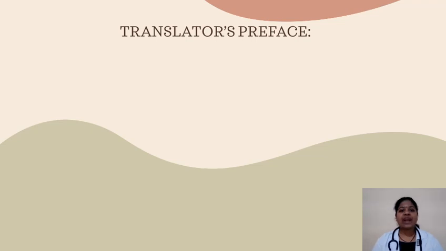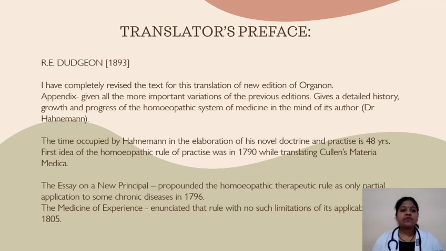Coming to Translator's Preface. This was given by R.E. Dudgeon in 1893. I have completely revised the text for this translation of the new edition of Organon. The appendix gives all the more important variations of the previous editions. It gives a detailed history, growth and progress of the homeopathic system of medicine in the mind of its author, that is Dr. Hahnemann. The time occupied by Hahnemann in the elaboration of his novel doctrine and practice is 48 years.